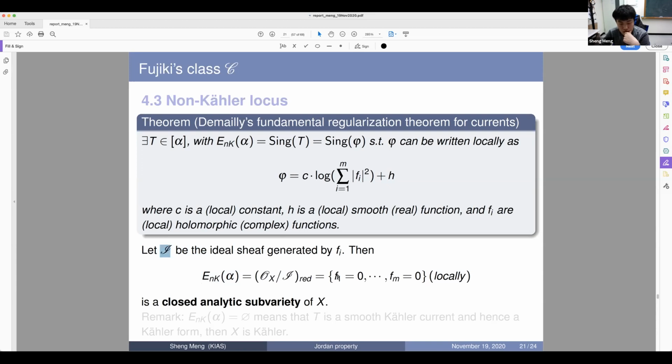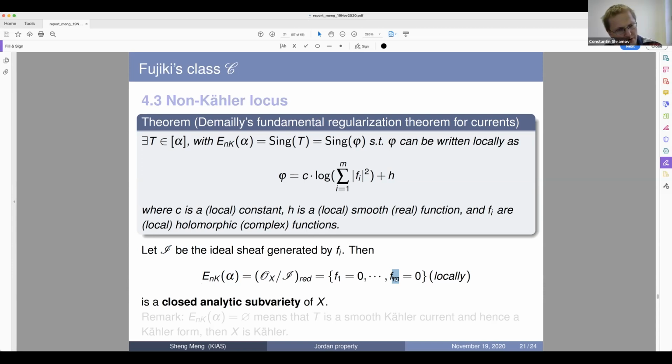For example, you take f1 to be x equal to 0 and f2 equal to some y. The point is the origin of the plane, (0,0), but its defining equation may not be preserved, like (x, y squared). This is x and this f2 is y squared, but x and y are not preserved. So the ideal (x, y squared) is not invariant.